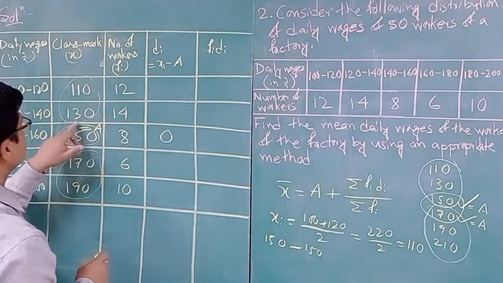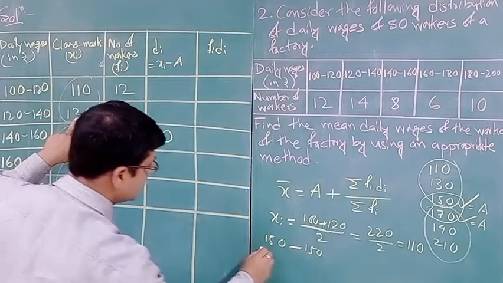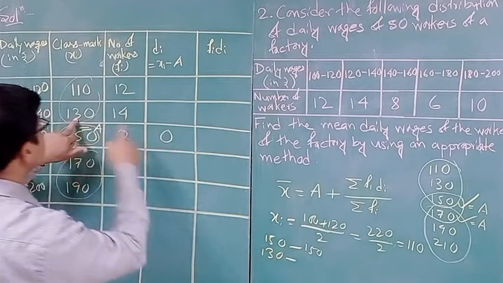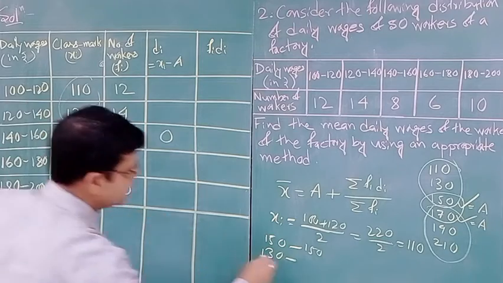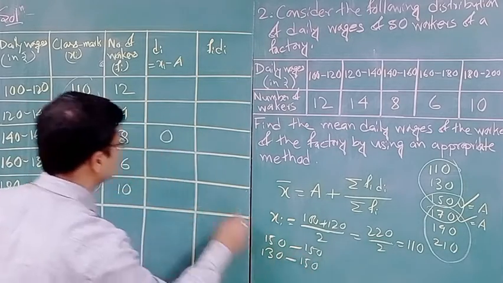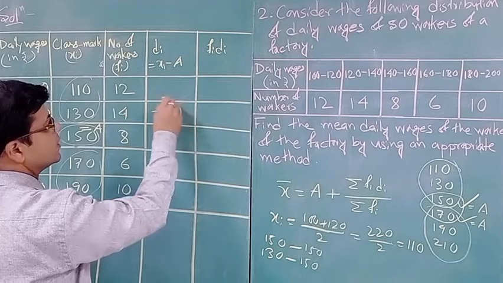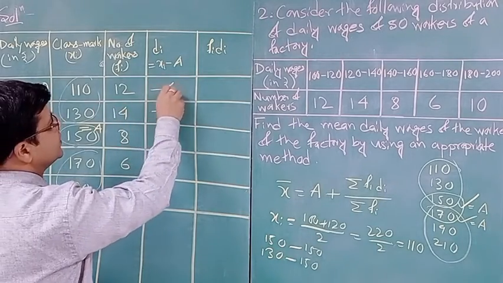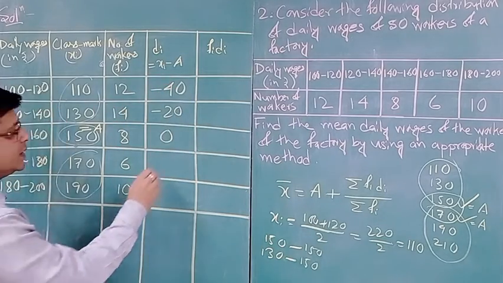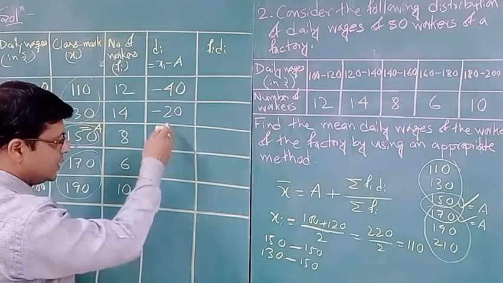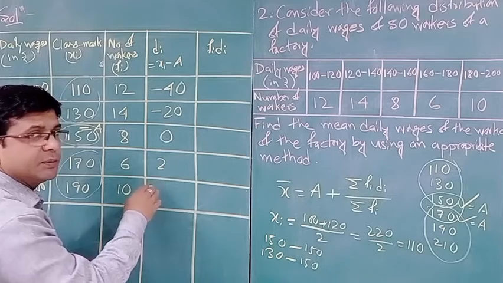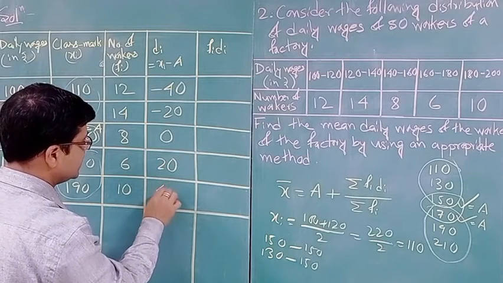Then this is 130, xi minus a, where a is 150. Their difference is minus 20. This difference is minus 40. It is decreasing by 20, 20, 20. In the downward direction it will increase by 20, 20, 20.